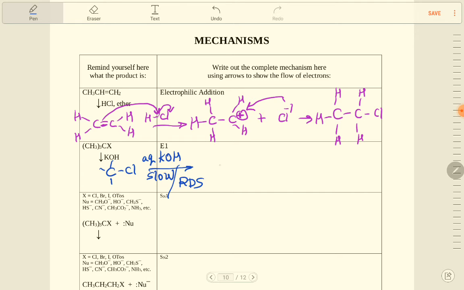Remember, slow is rate determining step. I'm gonna write a dash. This is a transition state.